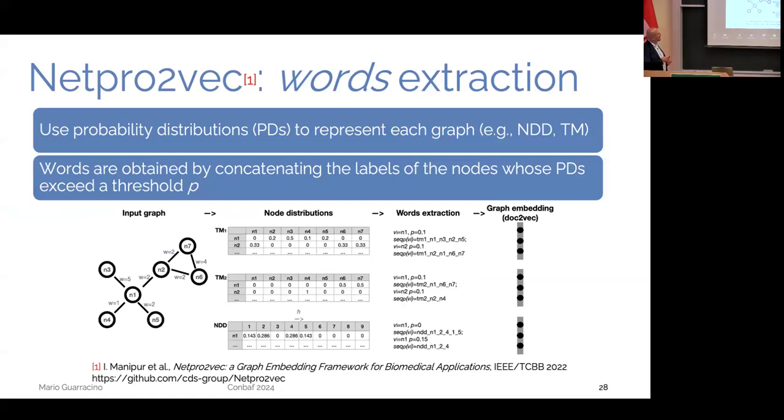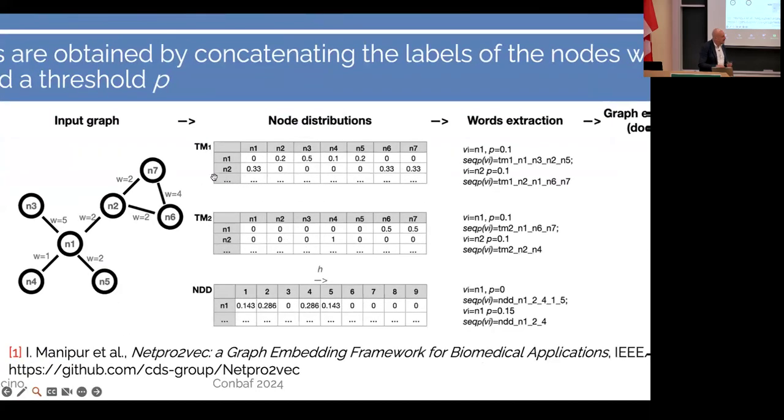We have some weights on the edges, and we compute 2 distributions. This is called the node distance distribution. Let me see if I can make it a little bit larger. Okay, so this is called the node distance distribution. We sit in a node and we say how many nodes are at distance 1, 2, 3, 4, and so forth from the node on which I am sitting.